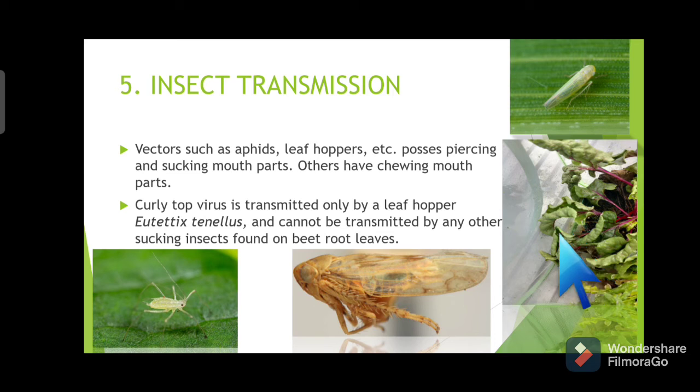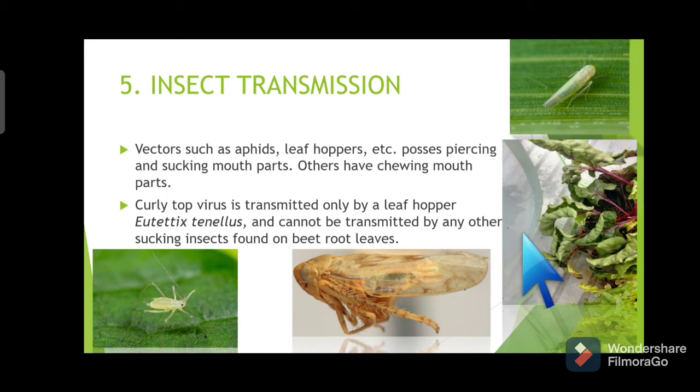But other insects cannot transmit this disease. It cannot be transmitted by any other sucking insects found on beetroot leaves. So here the insect is specific for a specific disease.